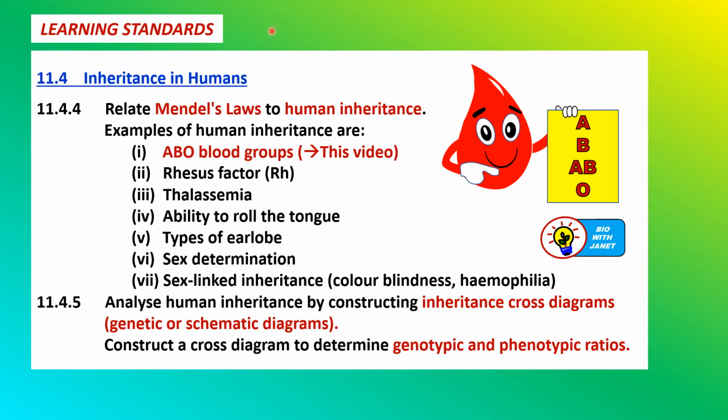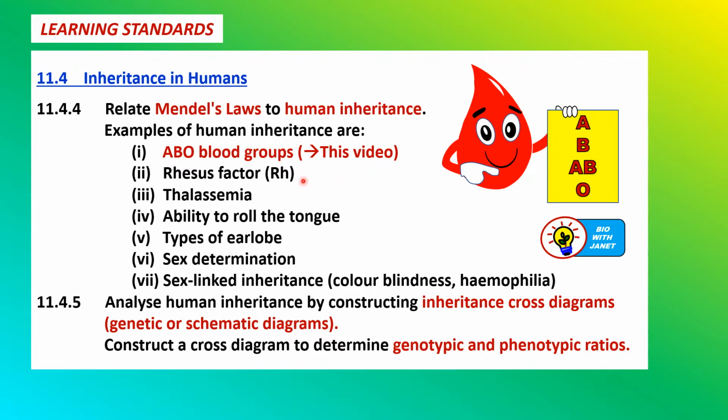The learning standards for today's lesson are as follows. 11.4 Inheritance in Humans. We should be able to relate Mendel's laws to human inheritance. Examples of human inheritance are the inheritance of the ABO blood groups, which we will discuss in this video.